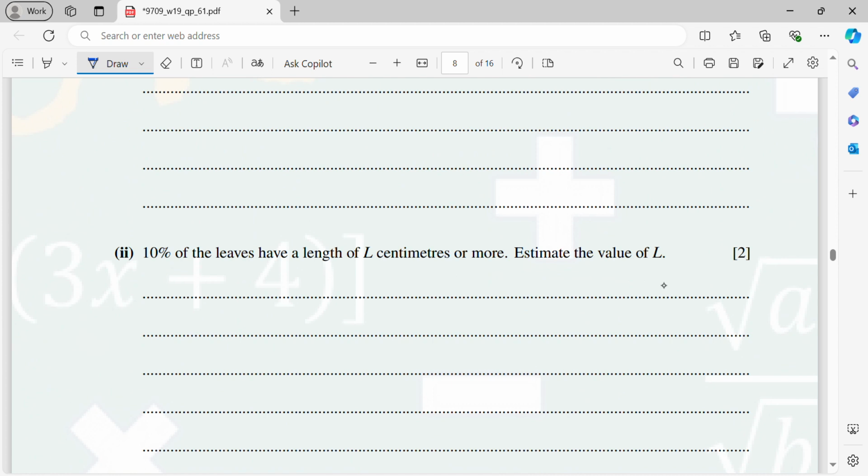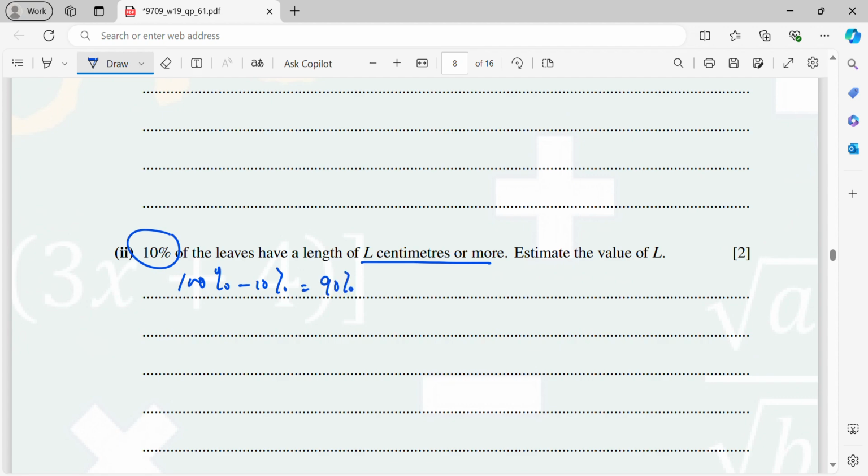Okay, now part 2, 10% of the leaves have length L centimeters or more. Because of 'or more', that means this is upper, right? Upper 10%. So estimate the value of L. So this 10% is the upper 10%, which is the top 10%. So I will say 100% minus 10%, that is 90%.